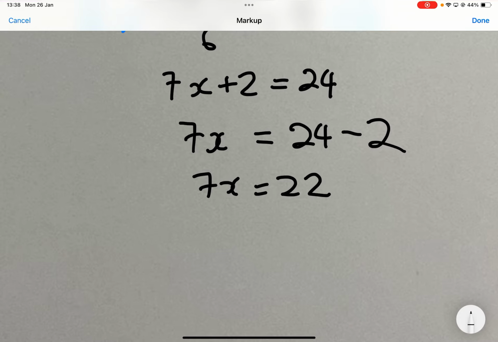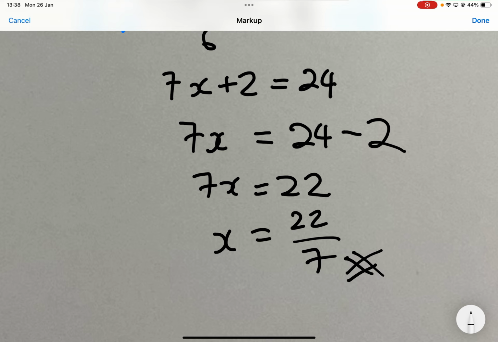So when you know the steps, 24 minus 2, difficult meh? When you know the steps, algebra is the easiest topic already. Plus, minus, multiply, divide.